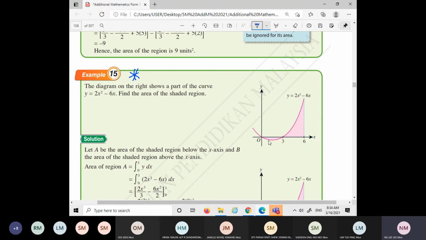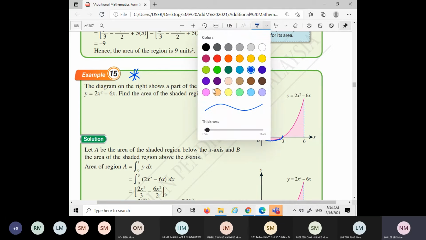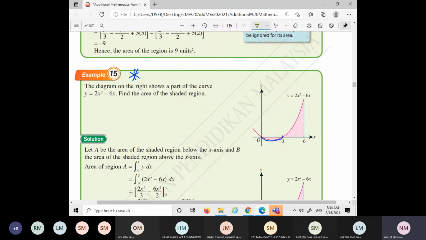Therefore you see here, this part from here to here is below the x-axis, and then from here to here, I use another color, this is above the x-axis.